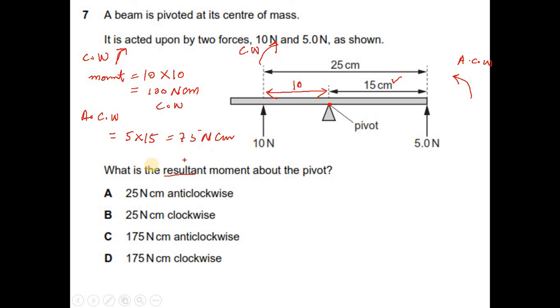So the resultant moment would be equal to 100, which is the clockwise moment, minus 75, that means 25 Newton centimeter, and this resultant will be clockwise as 100 is greater than 75.